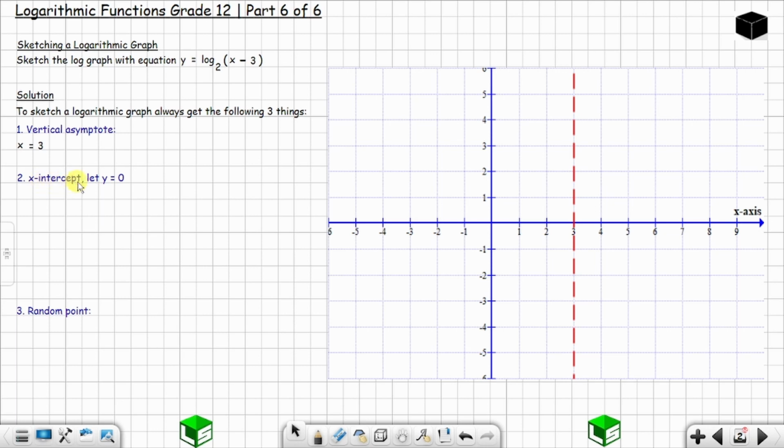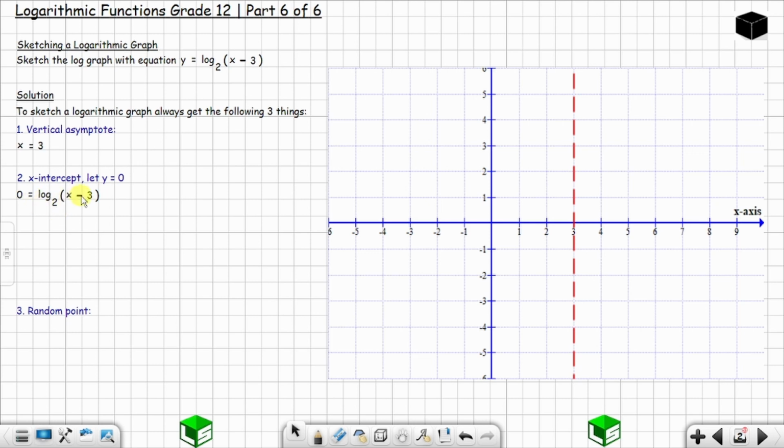To get the x-intercept, you let y equal to 0. So you have 0 is equal to log of x minus 3, base 2. Now you can solve for x.